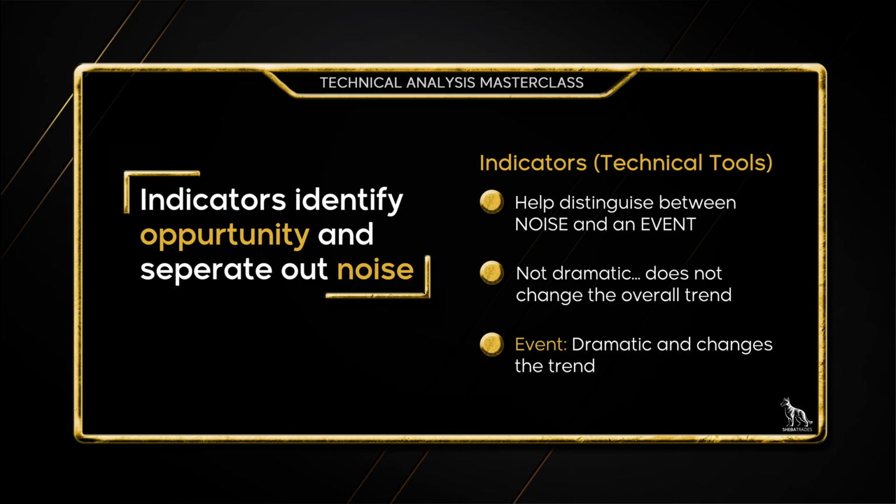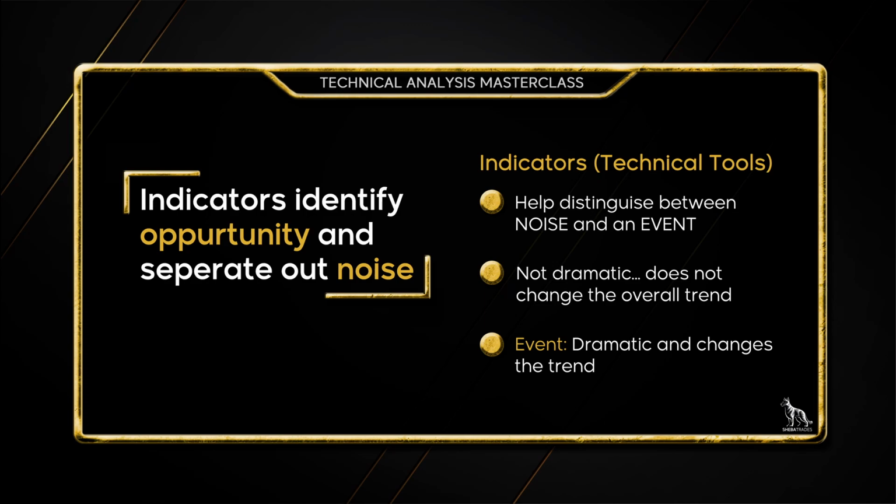But it's not a temporary thing like noise might create. It's a real thing. So that's the difference between noise and events. And indicators help us to separate that out so we can tell what's true and what's false, and what might be the core things that we want to focus on as far as making our buying and selling decisions using indicators when events happen.